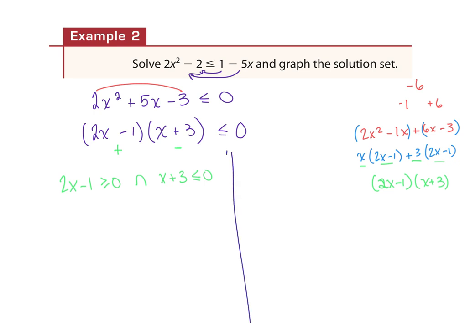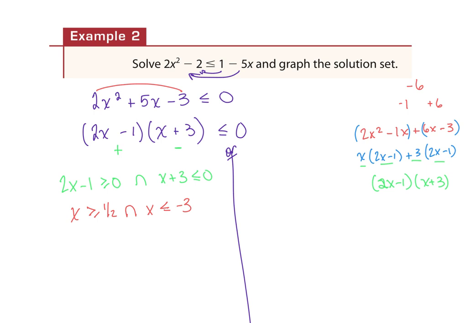And I'm still creating an or between my scenarios. And so if I look at this, I would say, well, x is greater than or equal to 1/2, and x is less than or equal to negative 3. We have a problem. What number is greater than or equal to 1/2, and it is also less than or equal to negative 3?